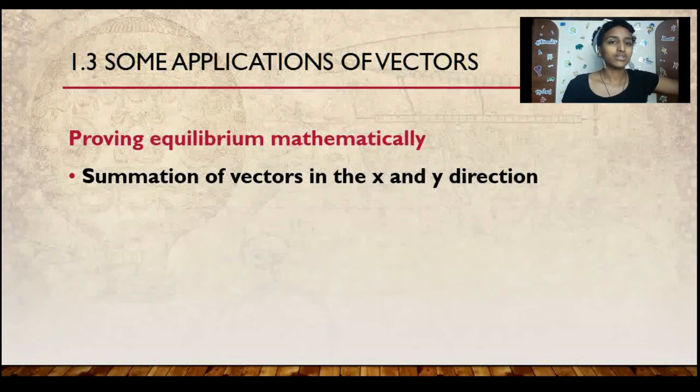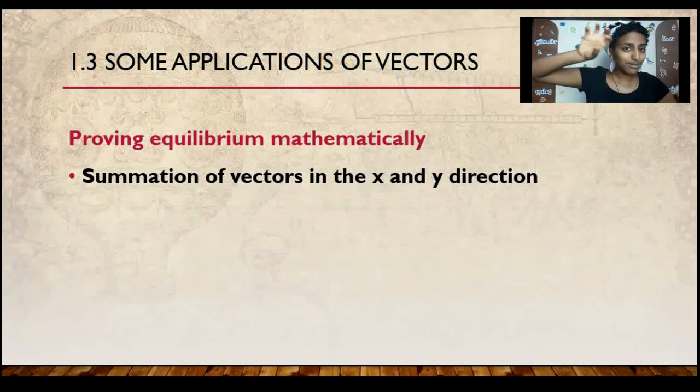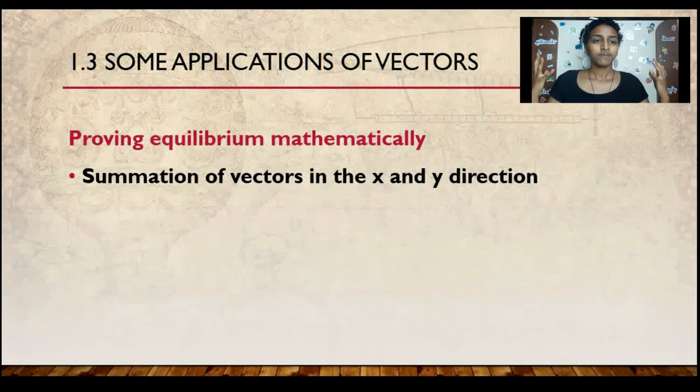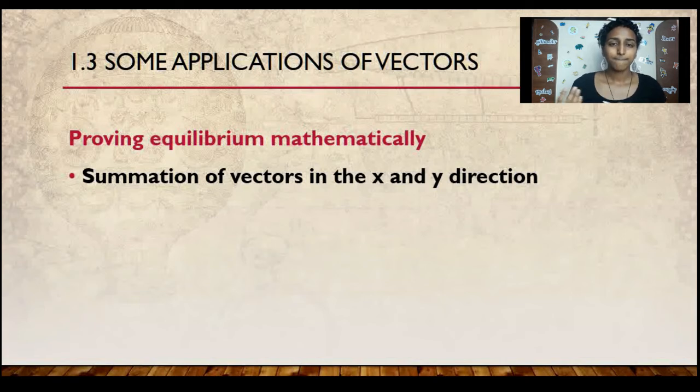We don't even have to go to the step of solving the two perpendicular vectors. If we add all components in the x direction and all components in the y direction separately, we'll get 0 for both. That's how we mathematically prove that a body is in equilibrium.